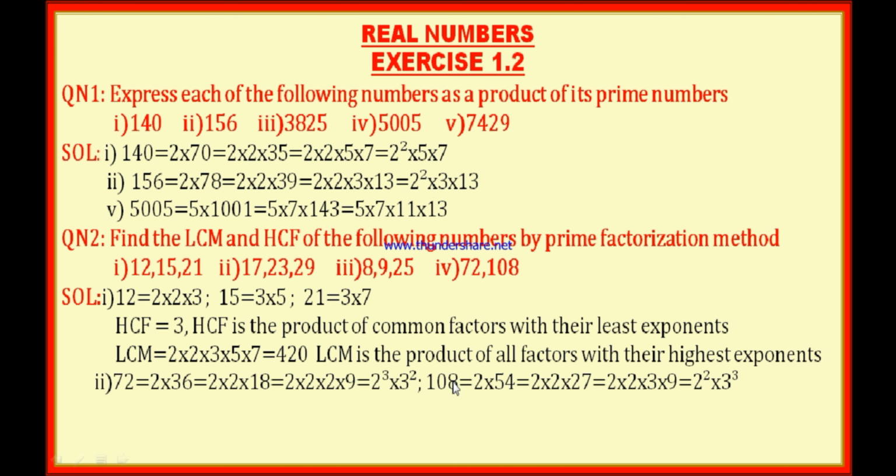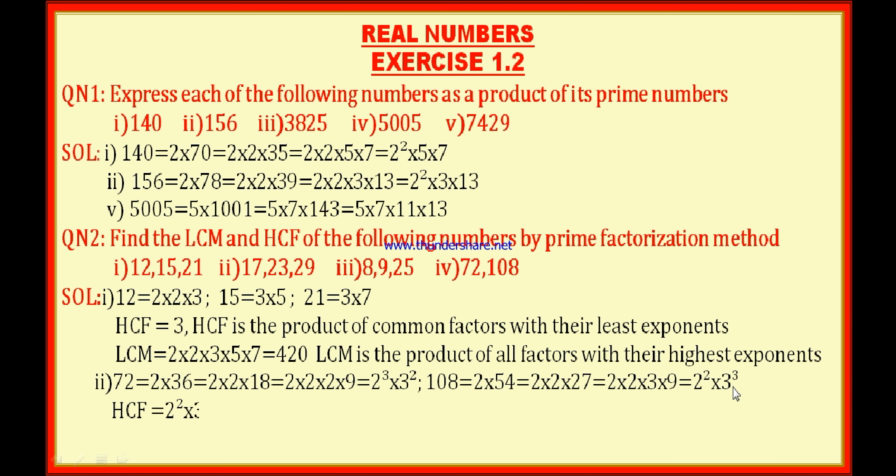And again 108. 2 into 54 is 108, and 2 into 27 is 54, and 3 into 9 is 27, and 3 into 3 is 9. Therefore, this is 2 into 2, 2 square, 3 into 3 into 3, 3 cube. You wrote 72 as 2 cube into 3 square, and 108 as 2 square into 3 cube.